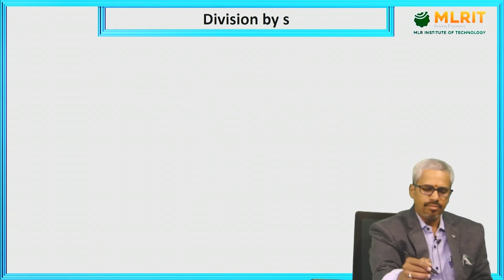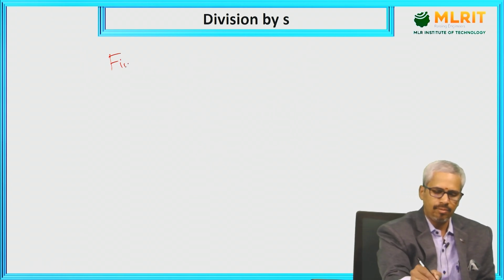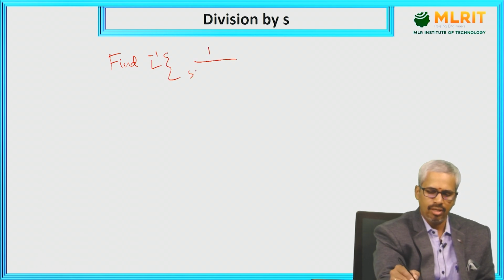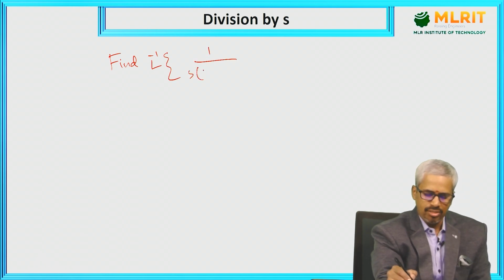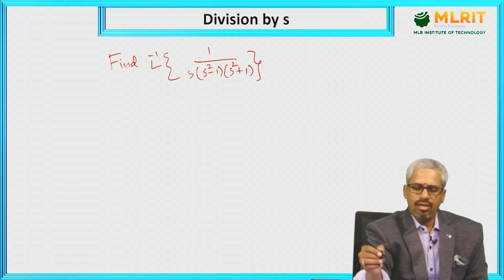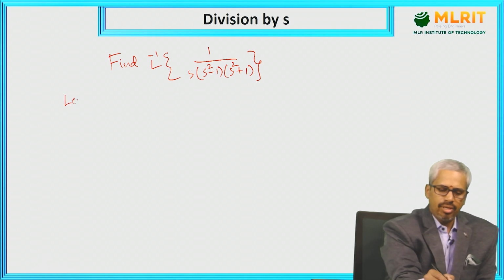Find inverse Laplace of 1 by s into (s square minus 1) into (s square plus 1). Let us apply division by s.